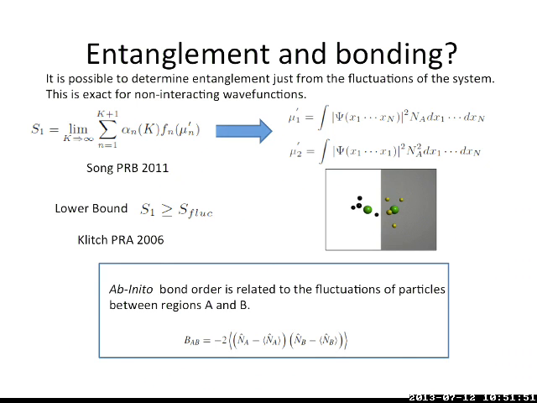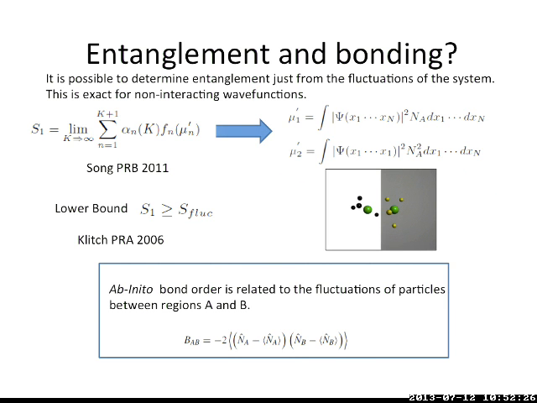So the ab initio bond order paper that I showed, the Mayer paper, it was shown maybe a year after the paper came out that his method for non-interacting systems also, and only non-interacting systems, reduced to particle fluctuations between regions A and B. So these aren't the same formula. But if you're willing to go to the entanglement, you get something that's based on the eigenvalues of the spatial density matrix as opposed just to the fluctuations. And you get numbers that are very similar in a lot of the cases that I tested.